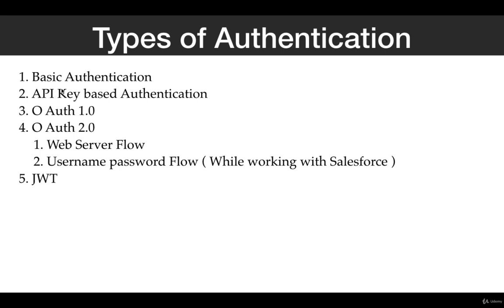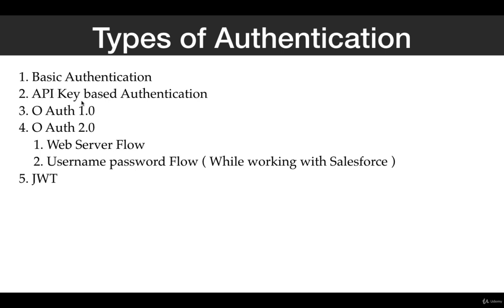And then we are going to work on API key based authentication, where in each request we need to append the API key for any request that we are sending to get or post the data.